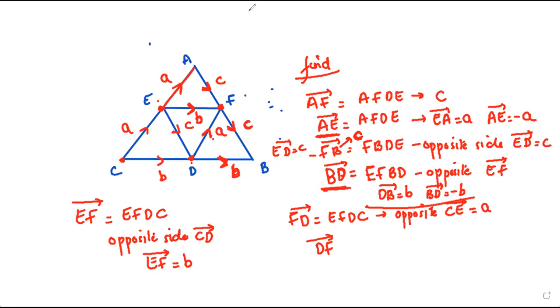We haven't calculated F to D, right? We have calculated D to F. So D to F will be A because C to E is A. Did I make any mistake? D to F is A, right?